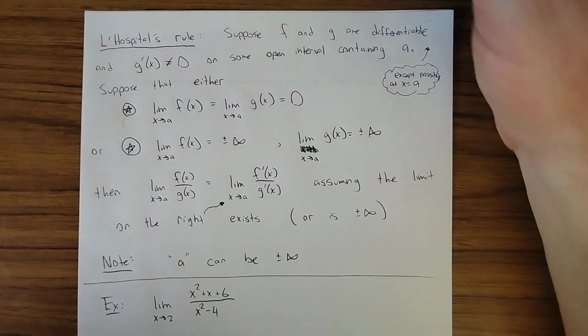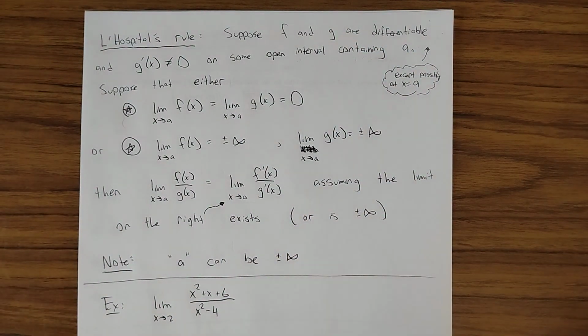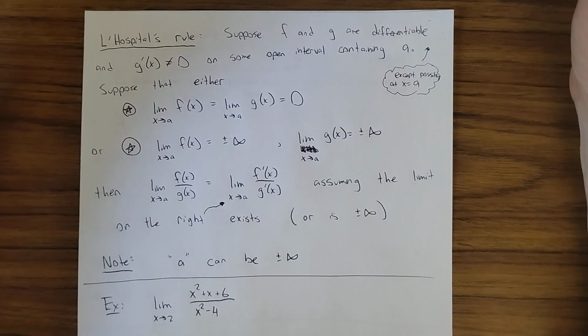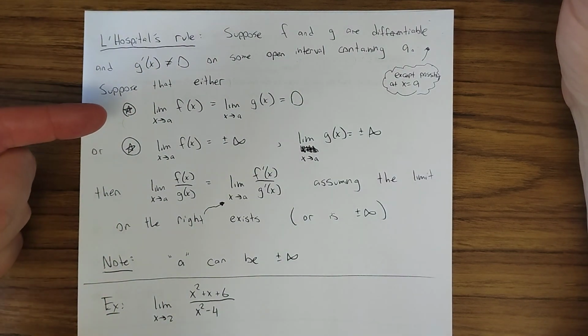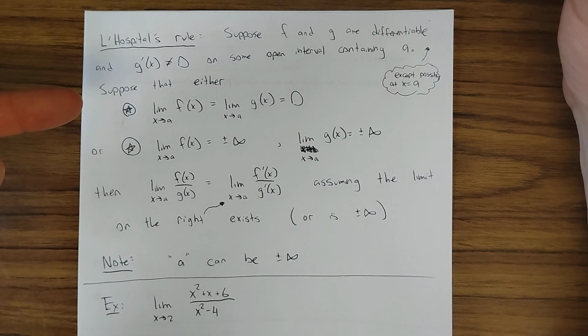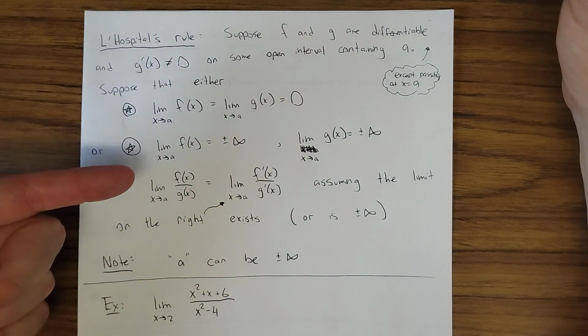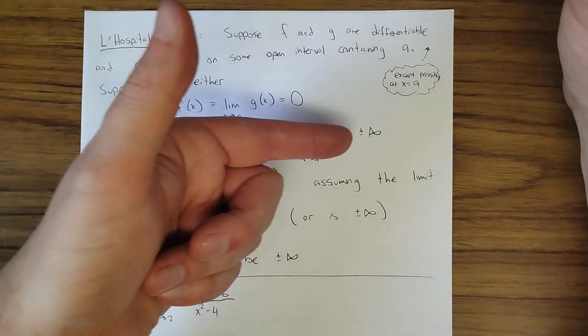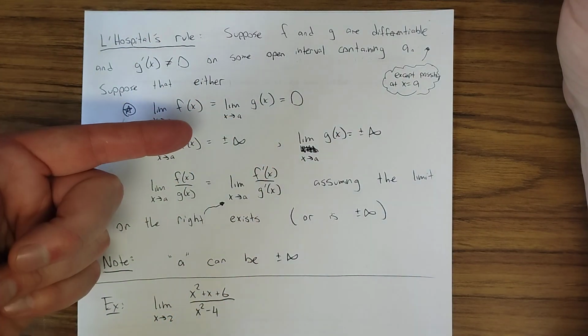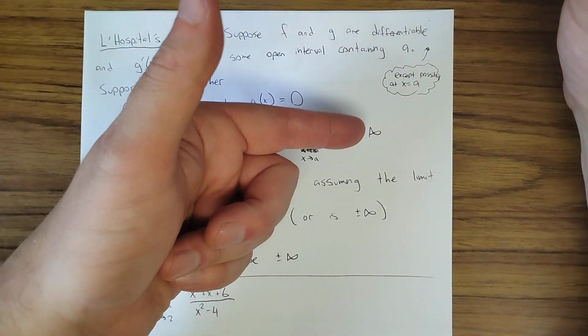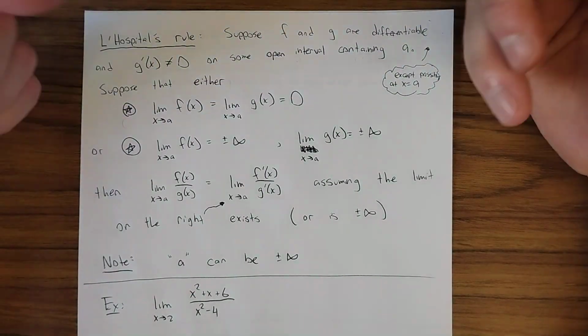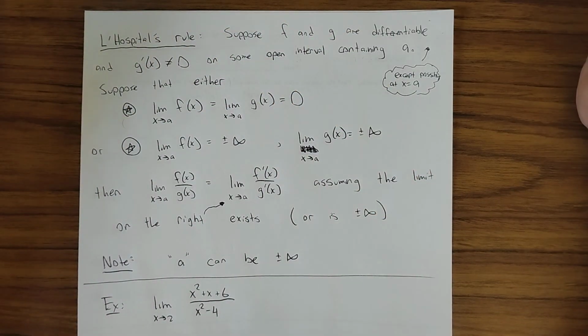In some interval containing a, it's allowed to be 0 at a. And let's suppose that either f of x and g of x both go to 0, or that they both go to plus or minus infinity. So f of x could go to positive infinity, g of x could go to negative infinity, or any combination of positive and negative infinity.